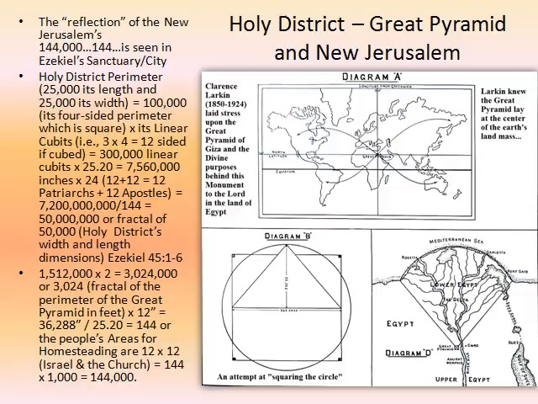The Holy District, Great Pyramid, and the New Jerusalem. The reflection of the New Jerusalem's 144,000, or the 144 cubit wall, is seen in Ezekiel's sanctuary and city itself. The Holy District perimeter, that is 25,000 its length and 25,000 its width, or its entire perimeter of 100,000 linear cubits, is a four-sided perimeter which can be squared.